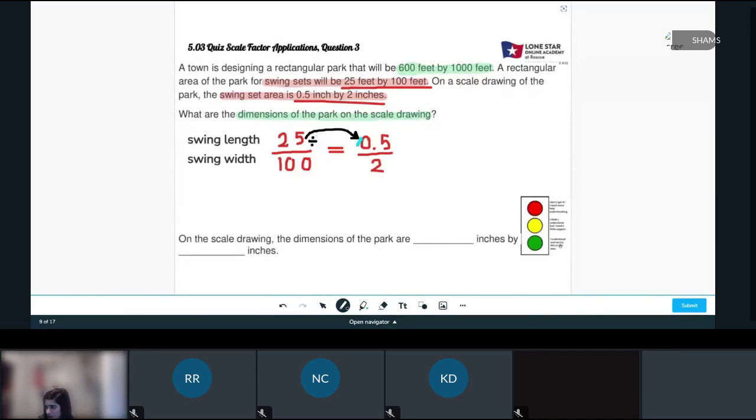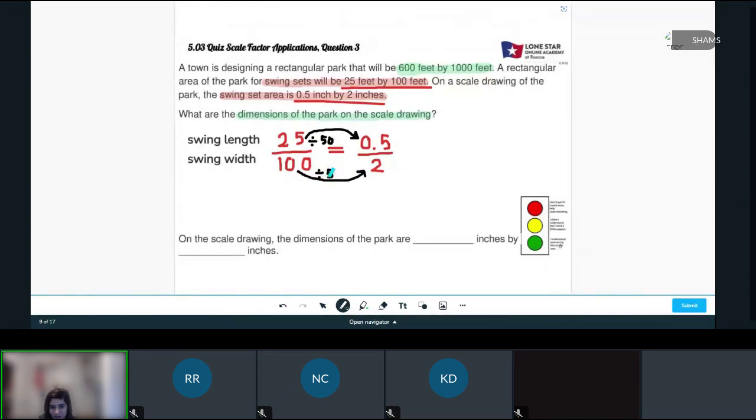Dividing by what? 25 divided by what was giving you 0.5? Anybody? From 25 to 0.5, I was dividing by 50, right? Same here. When I divided 100 by 50, I got the scale drawing. The scale drawing was 2.